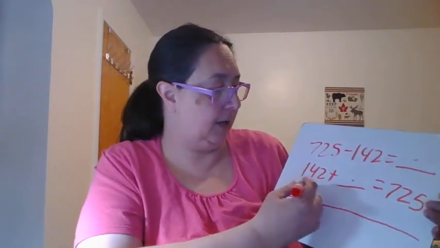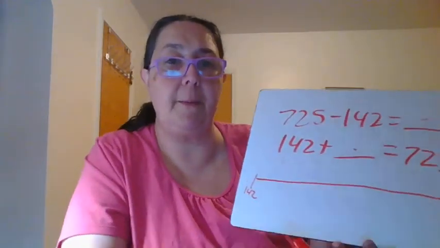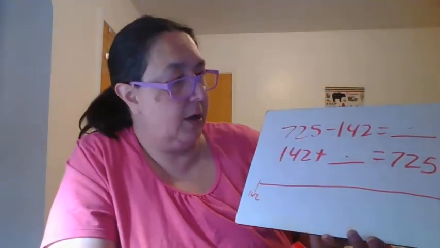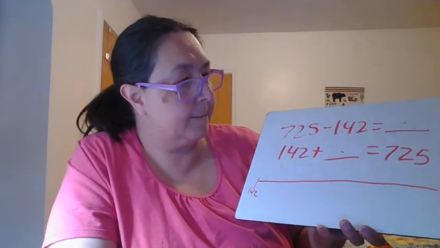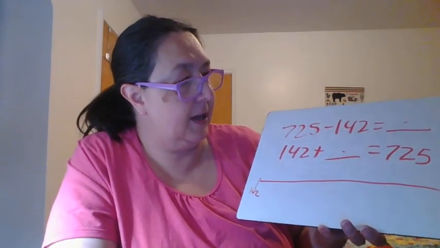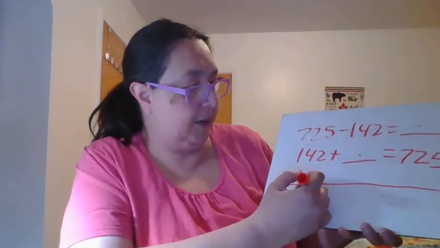So if I have my number line here and I'm starting at 142, sorry, it's kind of small now. If I go to 142 and I am going to add, let's see, 8 is the first jump to get to 150.